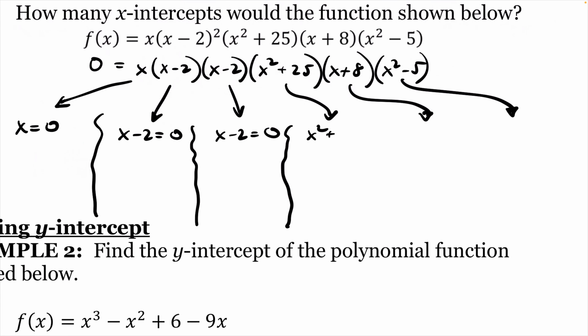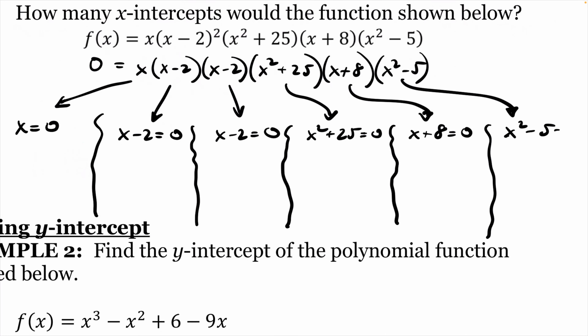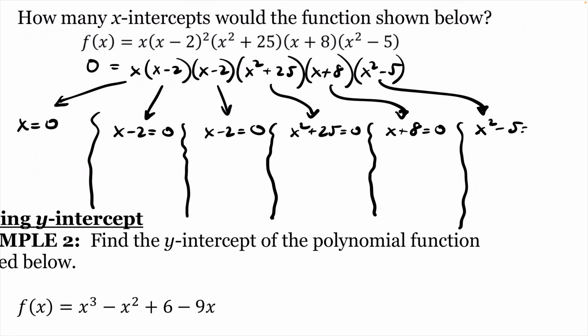X squared plus 25 equals 0. X plus 8 equals 0. And x squared minus 5 equals 0. Okay. And I'm going to get my 8 answers.